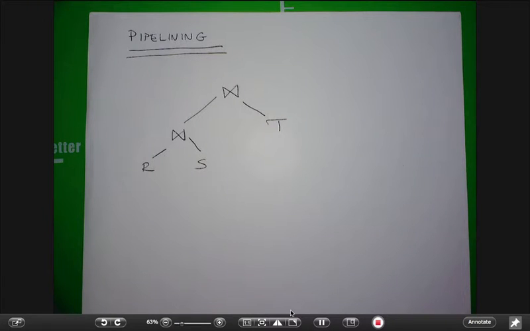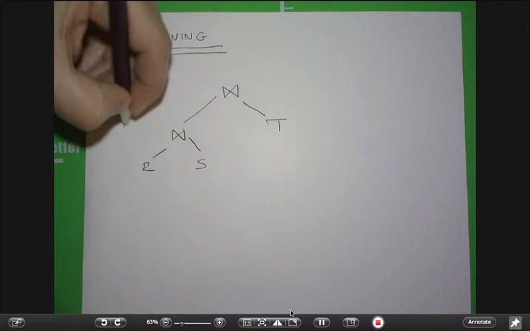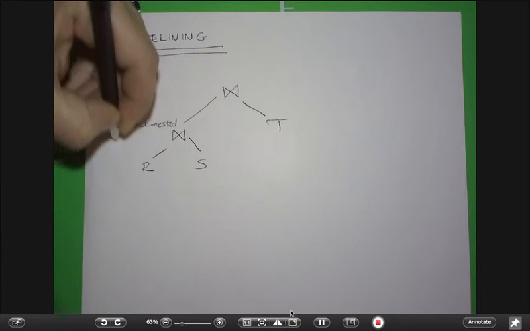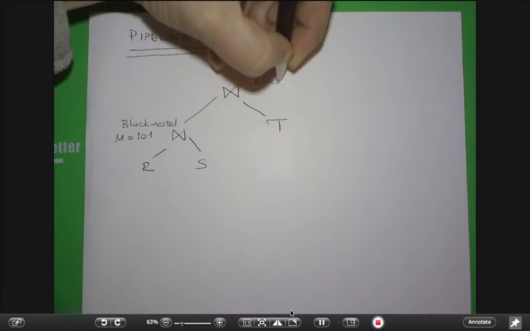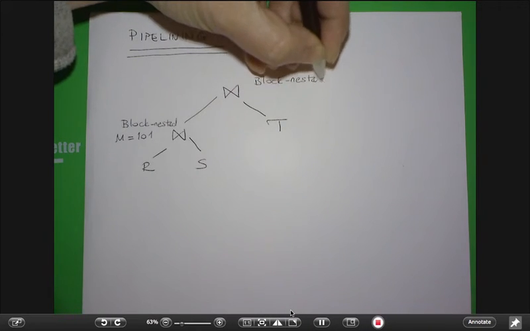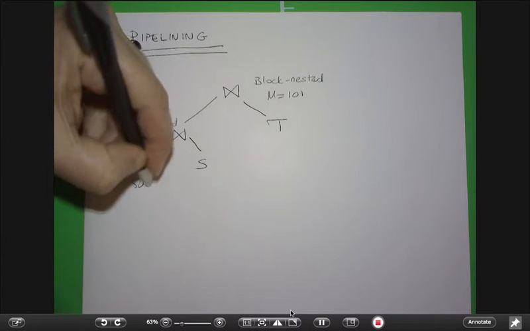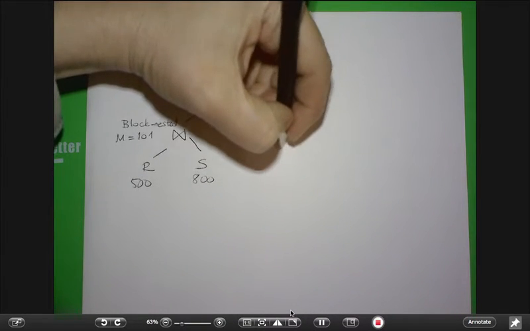So let's say I have two joins. I have R join S. Let's say I'm going to do block nested loop join for both, and let's say both of them have 101 pages. And let's say the relations are 500, 800, and 600 pages.